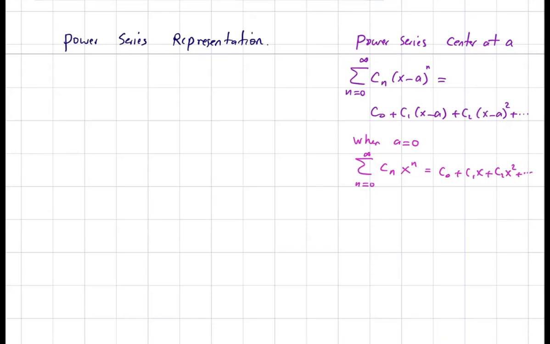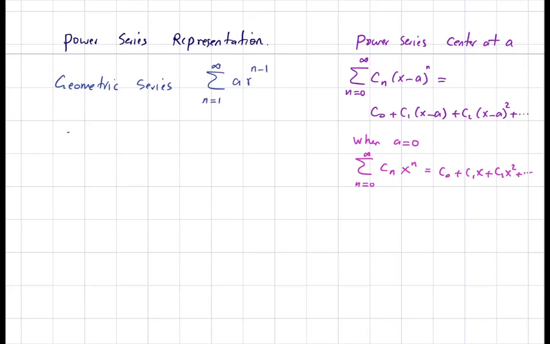Remind yourself of geometric series. A geometric series is in general defined as the summation of a times r to the power n minus 1, starting from 1 and going to infinity.